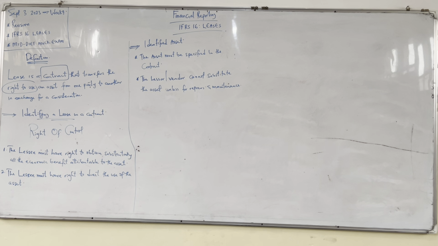The only scenario the standard recognizes where the supplier can substitute an asset is repairs and maintenance. If the agreement says the lessor will be the one repairing and maintaining the asset, the lessor can pick up the asset and give you another one, then go and repair it, and when he completes the repairs, he brings it back to you. That's the only scenario. Other than that, he cannot substitute the asset.